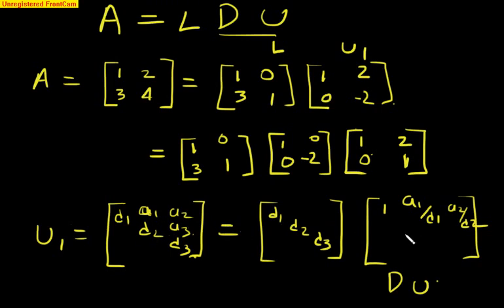Move to the second row, divide by d2, you will get 1, a3 by d2, like this. Now for d3, I think you understood how to convert U1 into DU.